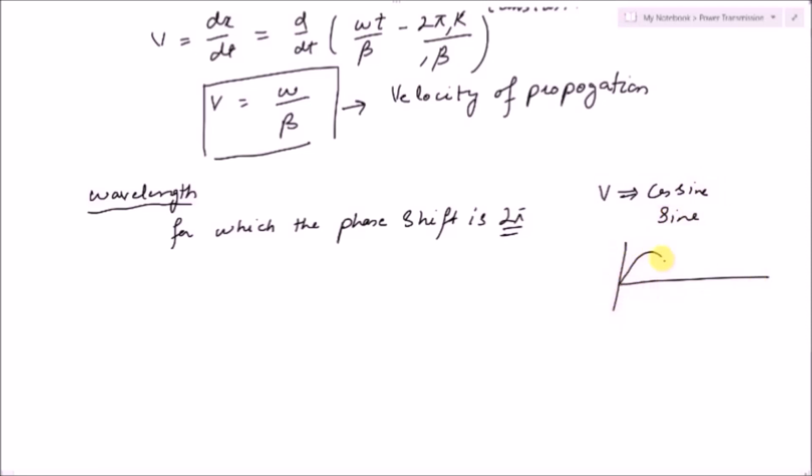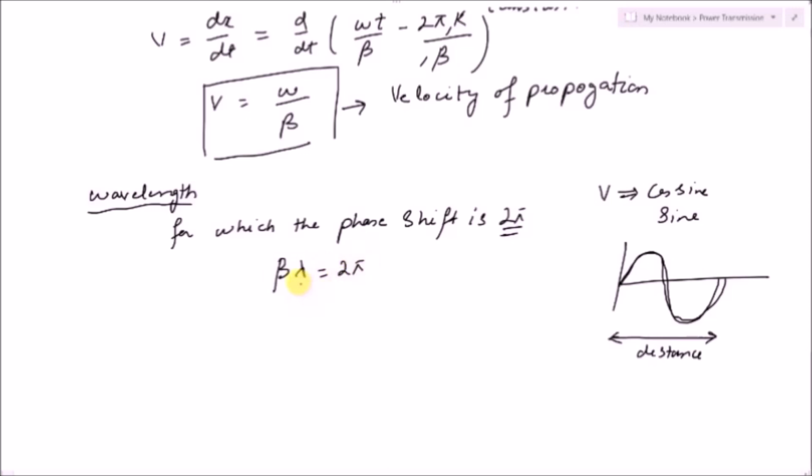It is actually distance, right? The distance that will be covered by the voltage wave for the whole cycle. So the distance after which the angle shift is 2π, if I have to find that, that will be βλ is equal to 2π.